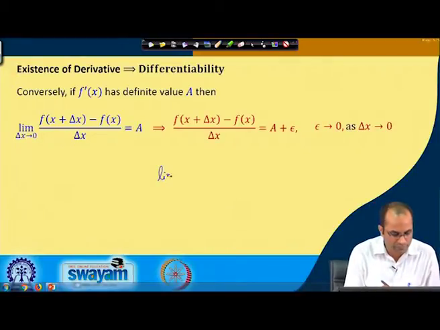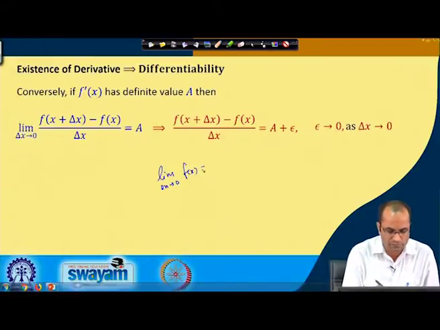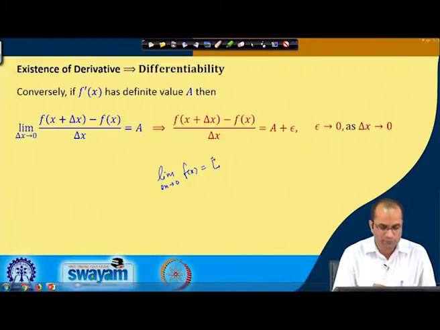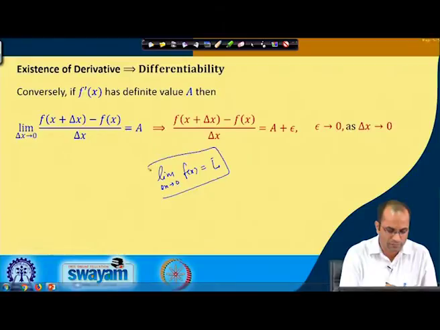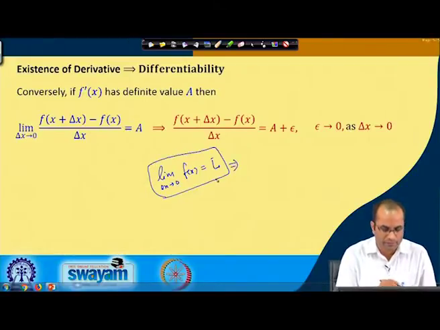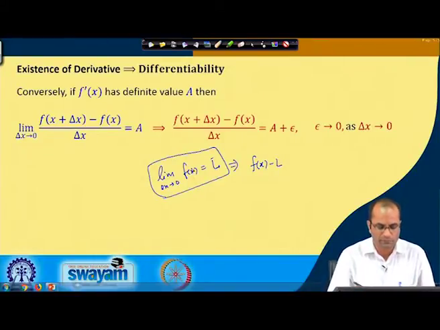And now, since this limit is equal to A, let me just explain here. If, for example, the limit as delta x goes to 0 of some function is equal to, let us say, L, then what we can write is that this f of x minus L, we can define this difference in the neighborhood of the point x as some epsilon, for example.